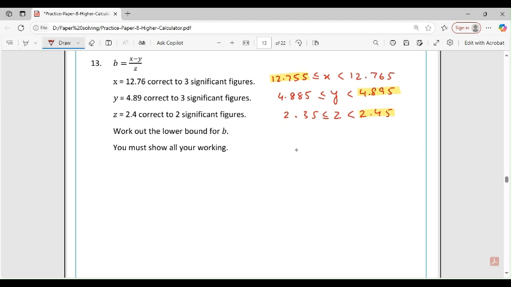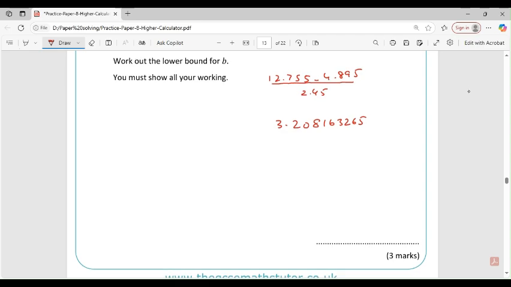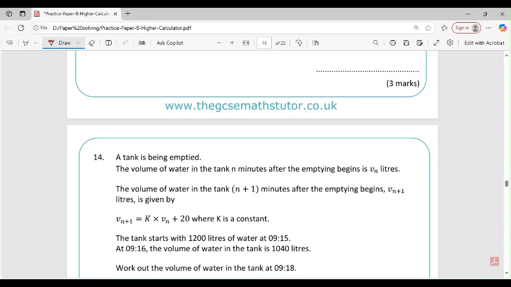Now in here, a simple calculation of 12.755 minus 4.895 should be divided by 2.45. So the calculator should give you 3.20816 and 3265. You should see this in your calculator, and this is going to be your final answer for this question.